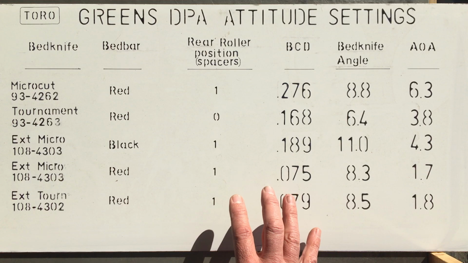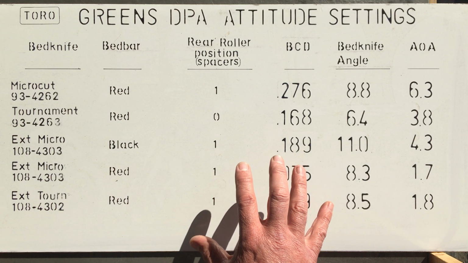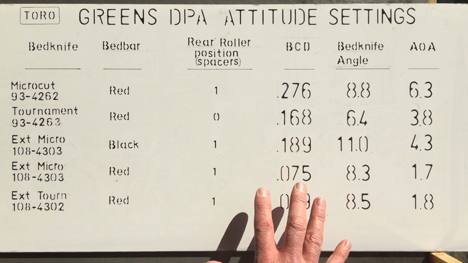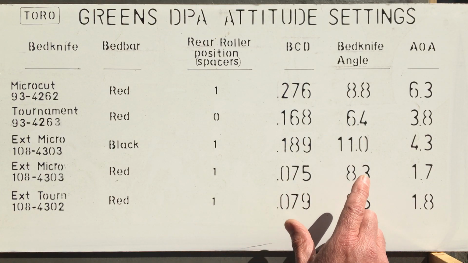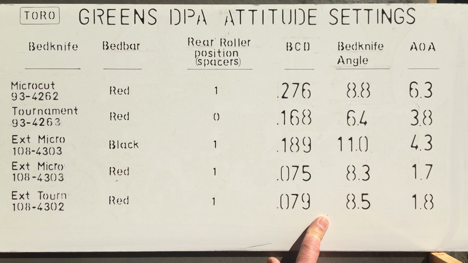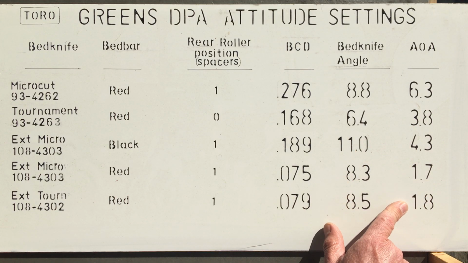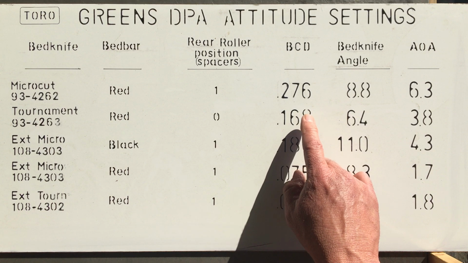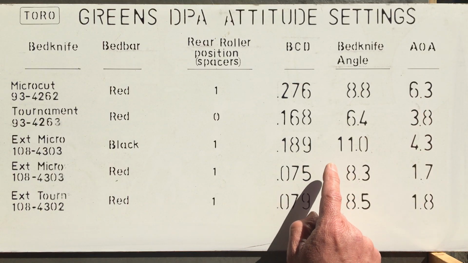This is data that was published by Toro many years ago that shows there's no correlation between BCD and the attitude. Now, when I add the angle of aggression of these setups, and again, this is using data that was published by Toro, you can see there's a correlation between the BCD and the angle of aggression.